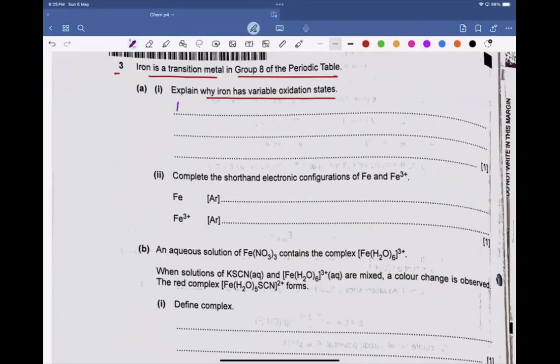So, if you recall why transition metals have a variable oxidation state, it is because the 3d and 4s subshells' energy levels have a very small difference.